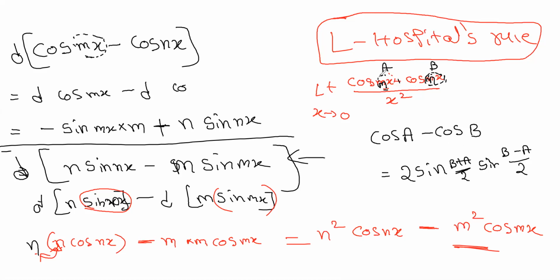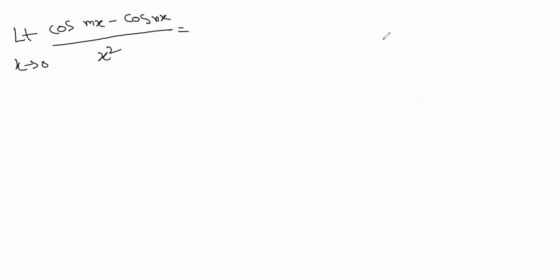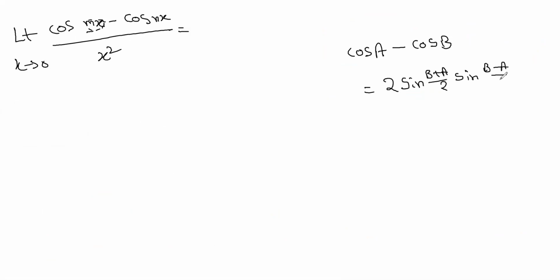Now, if you substitute cos mx and cos nx like this, first we will do the normal limit method. So limit x tends to 0, cos mx minus cos nx whole divided by x square. This is the question. So what is the formula? mx I am taking as total one angle because it's in angle position. Cos A minus cos B is equal to 2 sine B plus A by 2 sine B minus A by 2.